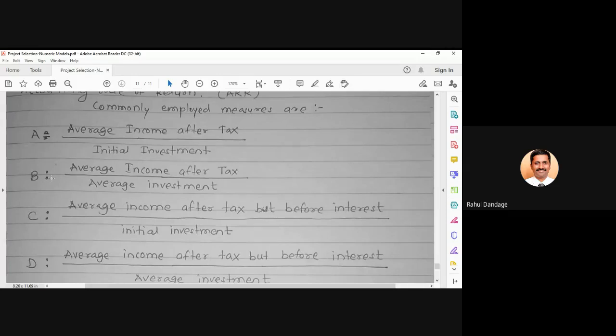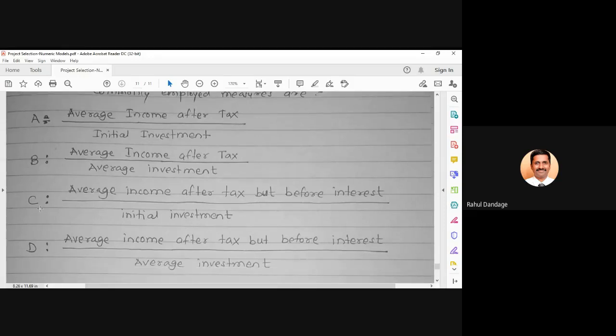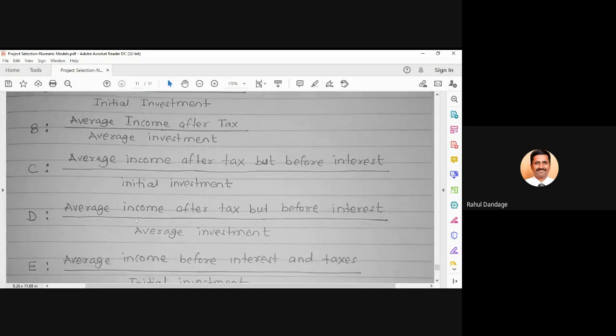Formula B, ARR is equal to average income after tax divided by average investment. Formula C, ARR is equal to average income after tax but before interest divided by initial investment. Formula D says ARR is equal to average income after tax but before interest divided by average investment.